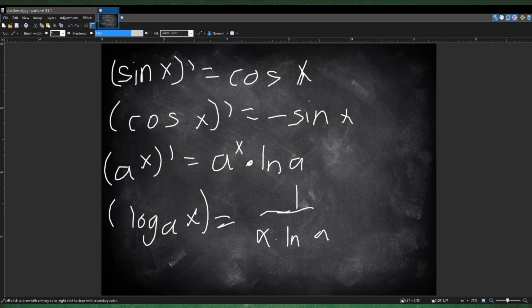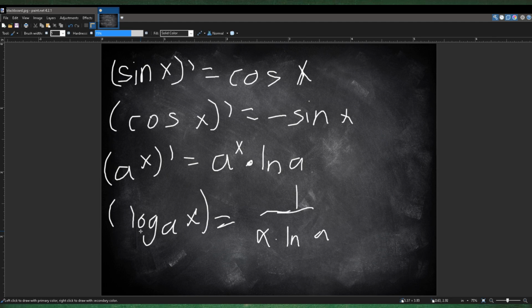Generally, for the trig functions, you only need to know the sine and cosine. Any of the tangent, cotangent, secant, cosecant, you could just derive using trig rules. For a to the x, you just want to memorize this. It's the most useful formula to know if you're doing exponentials, and then you could derive a bunch of formulas using this and the chain rule.